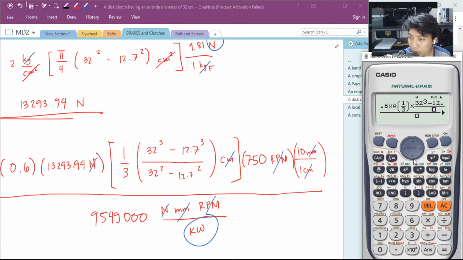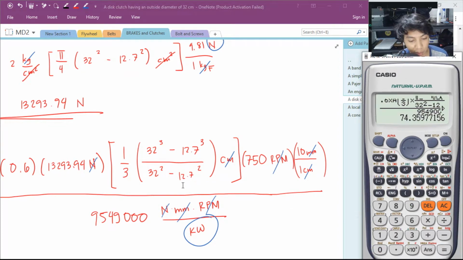Yan. Tapos, 32 squared minus 12.7 squared. Okay? Sapat na yan. Times 750 times 10. And then, 9,549. Tatlong zero sa factor.